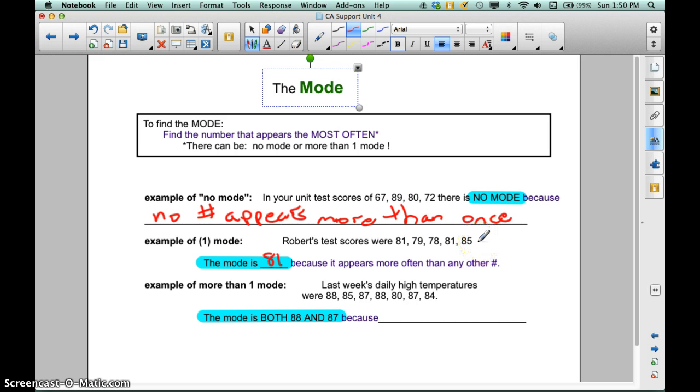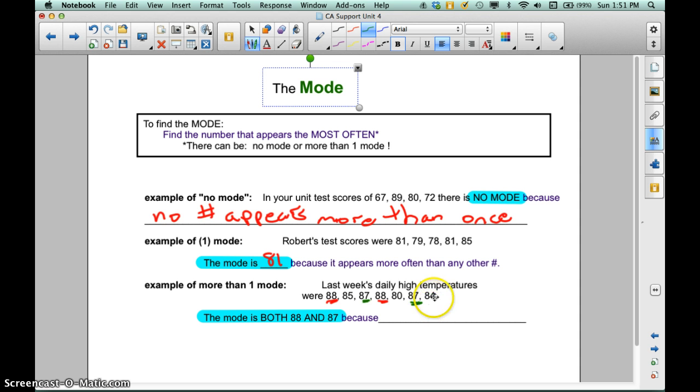Let's look at one more example, and in this case there's going to be more than one mode. So let's use an example of last week's daily high temperatures. And again, these are just made up, but if we look at this list, I notice that 88 appears twice, and I also see that 87 appears twice.